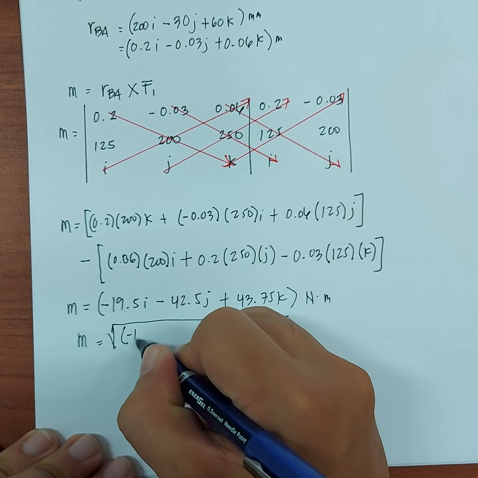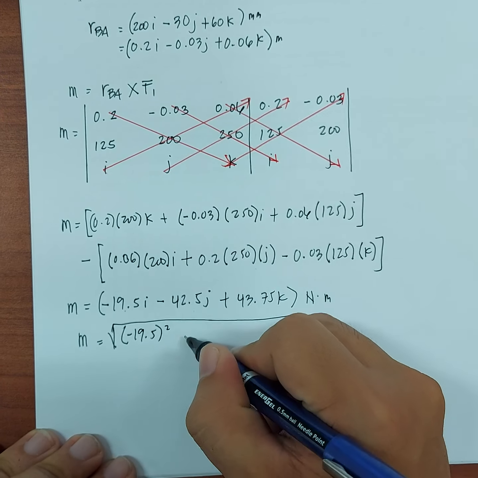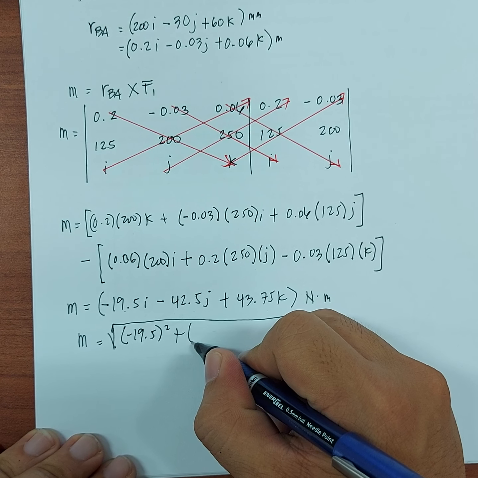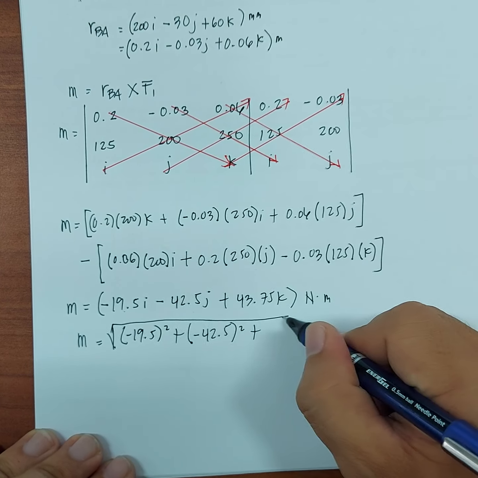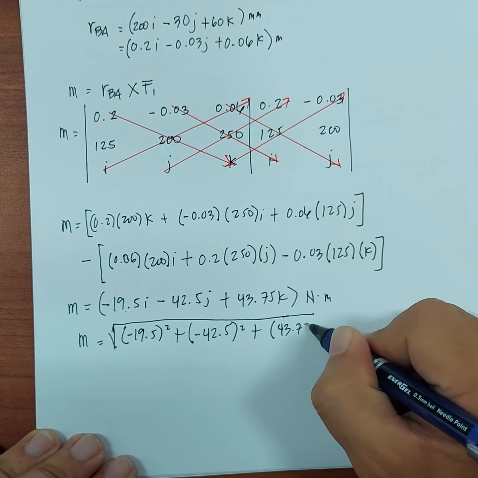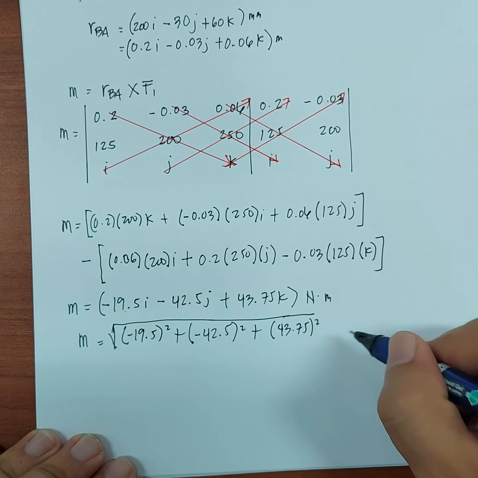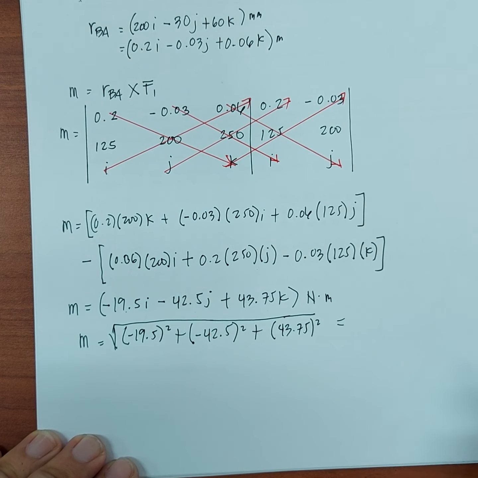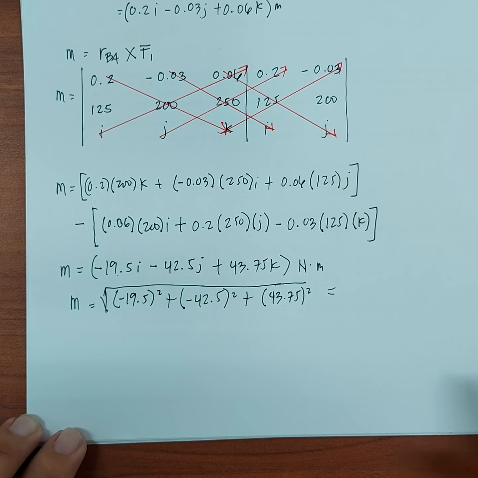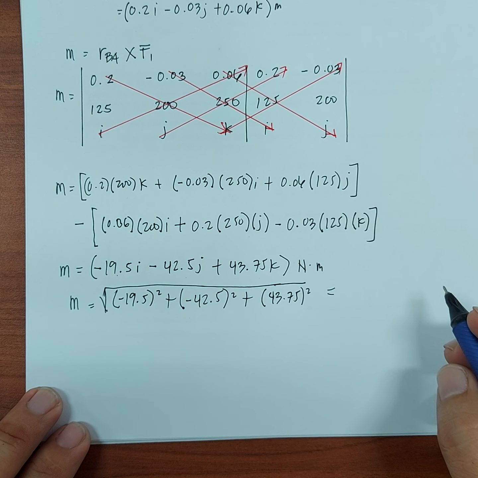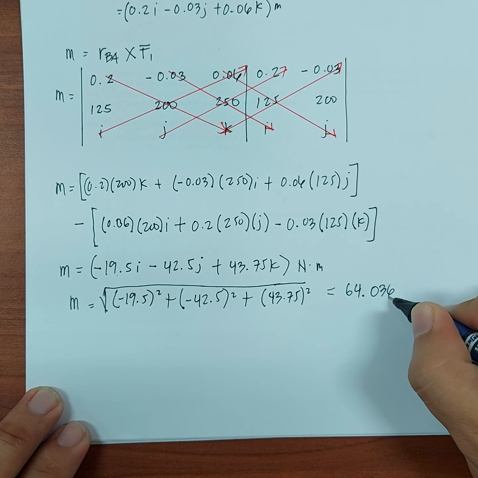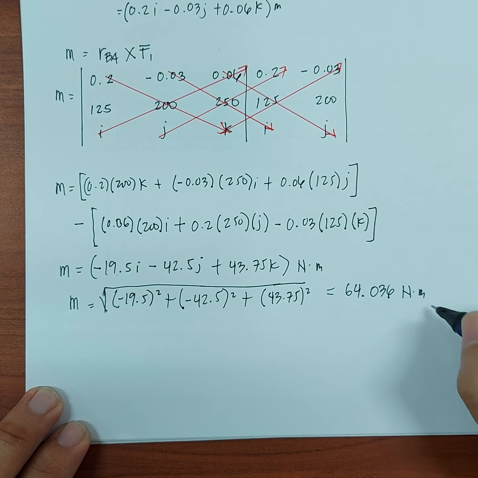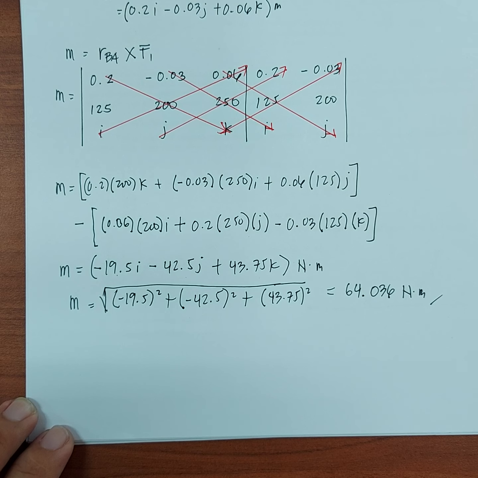So, we have minus 19.5 squared, okay. So, yung moment natin is equivalent to 64.036 Newton meter. So, yan yung moment na, resultant moment natin.